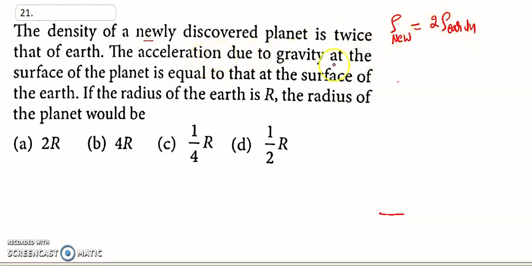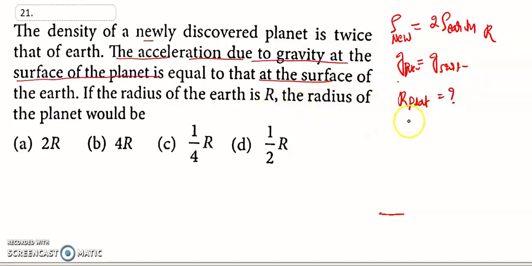So the acceleration due to gravity on the surface of the planet is equal to that at the surface of the Earth. If R is the radius of the Earth, then what is the radius of the planet? He asks us to find out the radius of the planet.